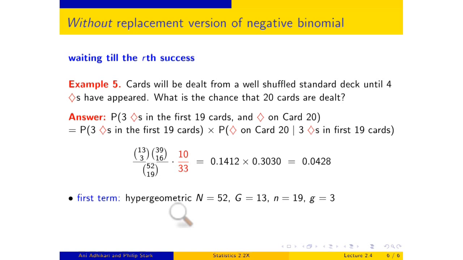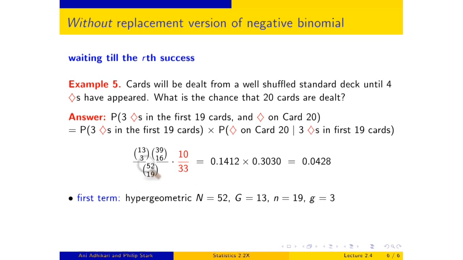So how does the hypergeometric work? Well, you need a population size. That's the deck size, 52. What are the good elements? You're waiting for diamonds. So the number of good elements in your deck is 13. How many are you sampling? You're sampling 19. That's what we decided. In the first 19 trials, we had to get a certain number of successes. So you're sampling 19, and you're looking for 3 successes.